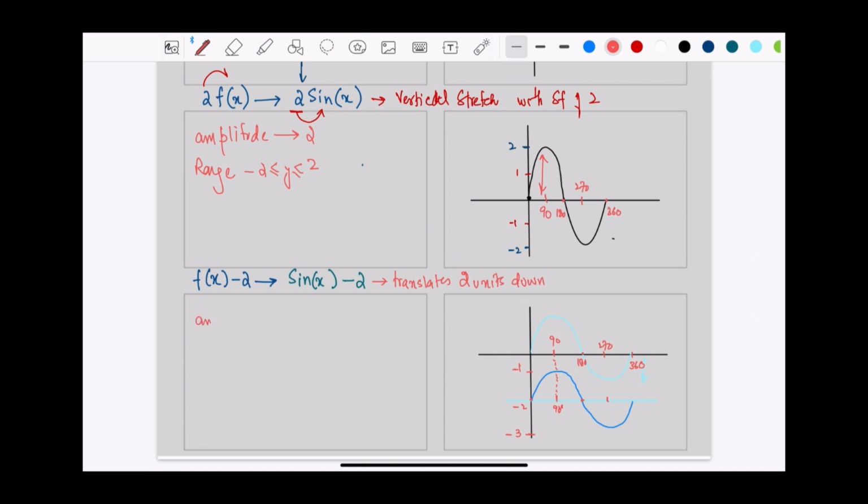The amplitude is still the same as 1, because the height of the curve from the center line, this is the center line, is 1. The range of this function is -3 less than or equal to y less than or equal to -1.